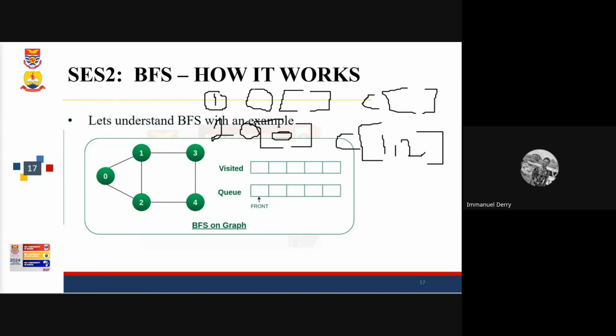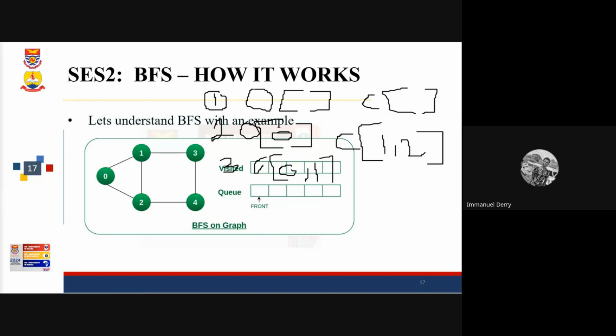All right, so now let's move on to the third. Now in the third step, we have the open to be 0 and then 1, because we need to keep track of those we have visited and those we are yet to visit.